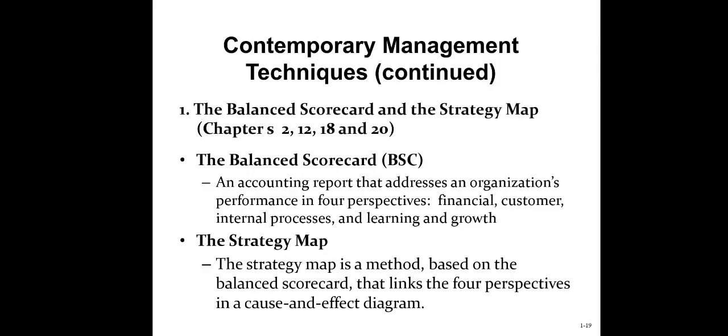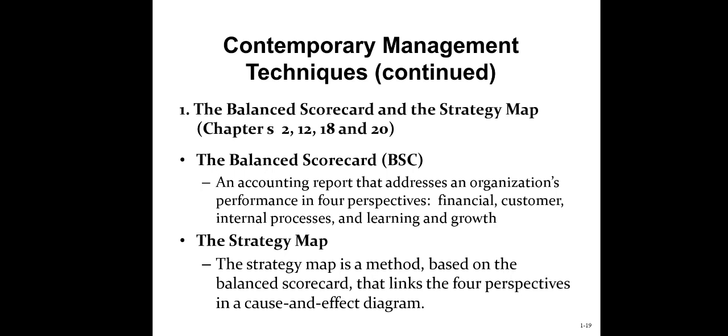So the first one is the balanced scorecard and the strategy map. This technique will be discussed in chapters 2, 12, 18 and 20 of the Blocher textbook. I think most of you already know what the balanced scorecard is about.